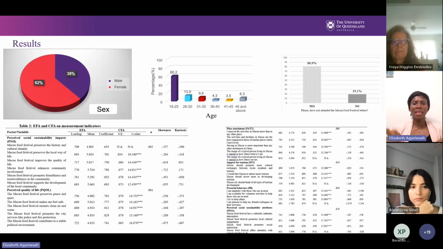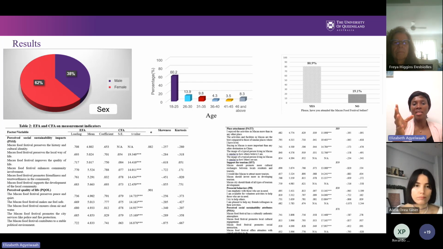And so these are the results that we found in terms of who attended among the residents. Those that have attended or not attended, we group them together. So in terms of the residents that were surveyed, the majority of them were females, and then 38% were males. And many of them that participated were also very young, and I will talk about that later in the limitations.